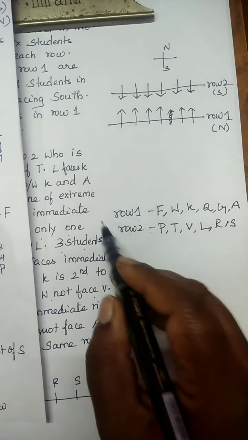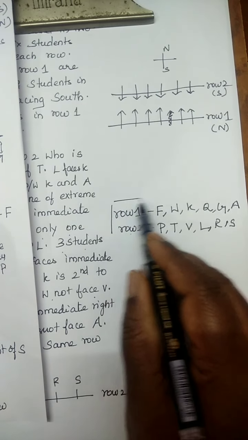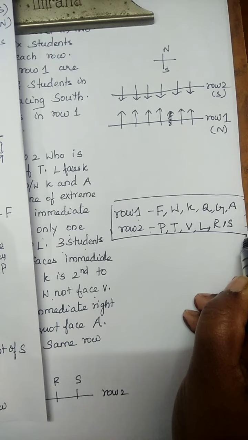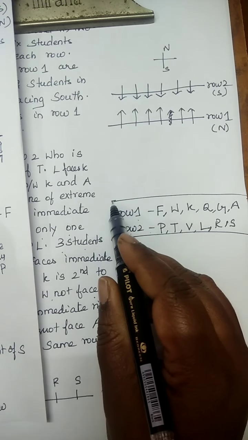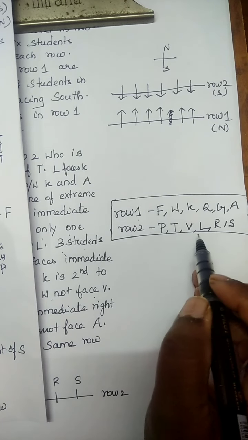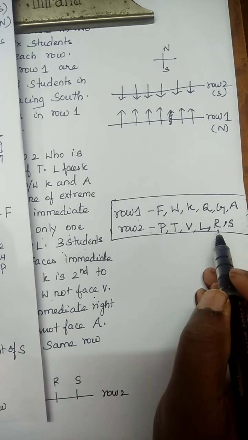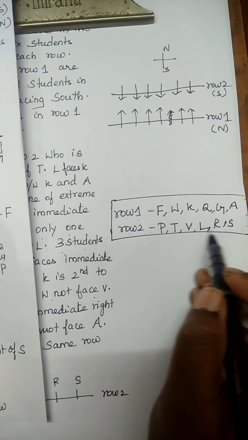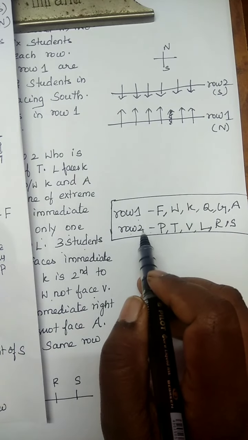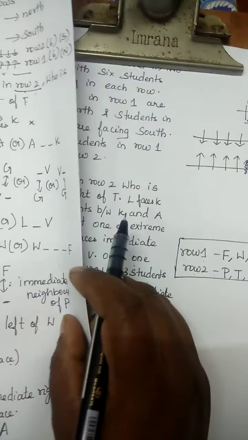Can you get this? So now we have concluded what are the members present in row 1 and row 2. So we know these members are present in row 1 and these members are present in row 2. Now we are going to find their place in row 1 and row 2. Come on, let's get started.